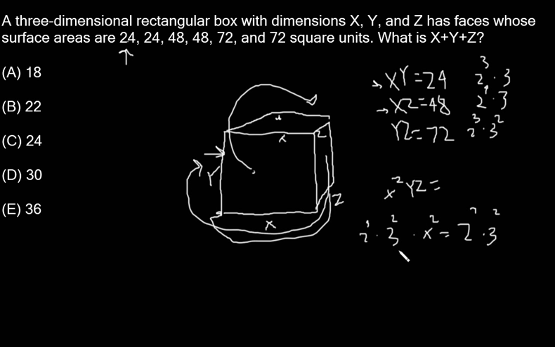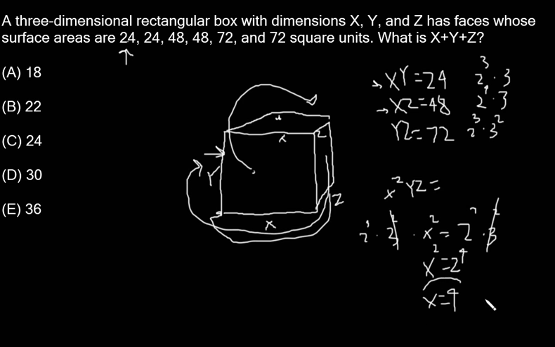We can cross out the 3 squareds, and we divide 2 to the 7th by 2 to the third, so x squared is equal to 2 to the 4th power. 2 to the 4th power is 16, and the square root of 16, because we're square rooting both sides, is 4. So x is equal to 4.